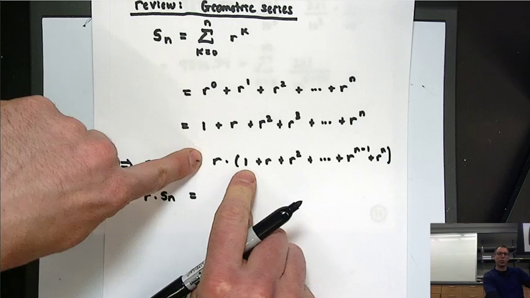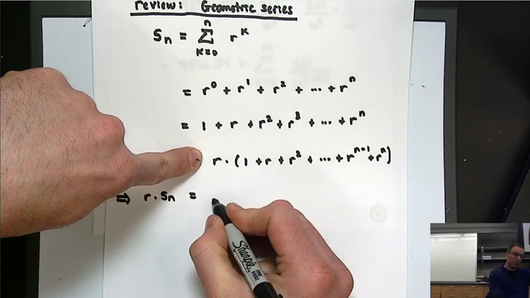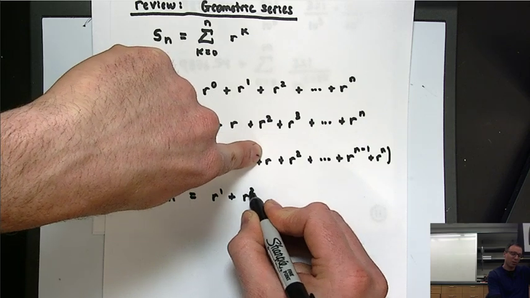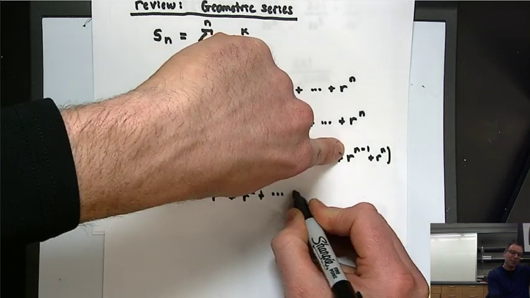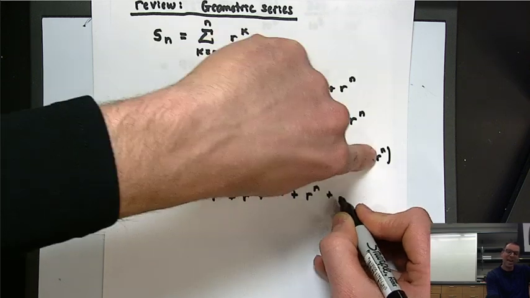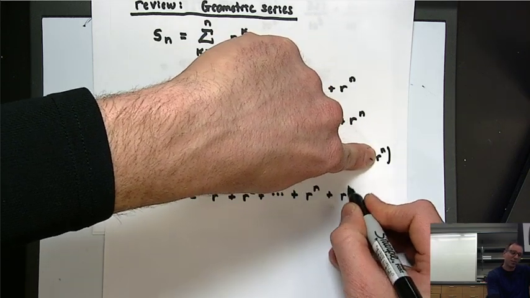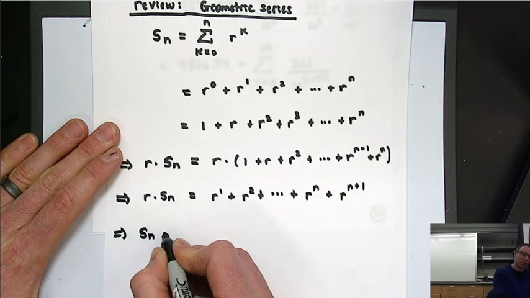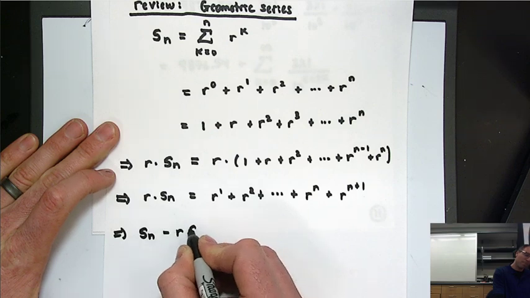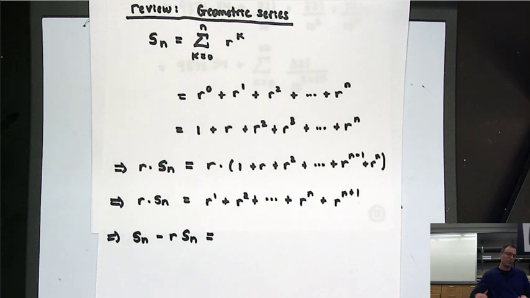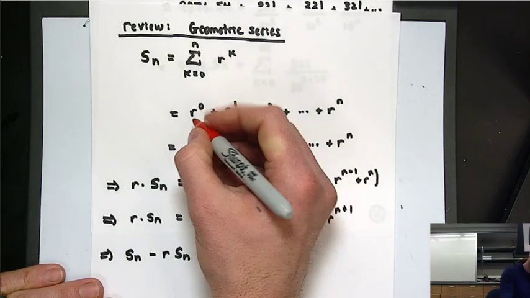First power gets what? r to the 1. Second one now gets r squared. The n minus first term gets what? The nth term gets... Okay, what does that immediately mean if I take the original partial sum, so they cancel out except for the first one.